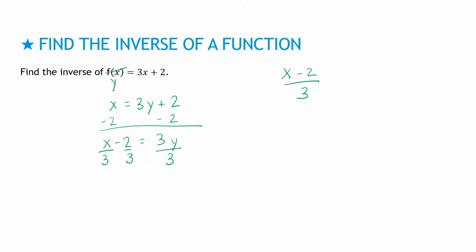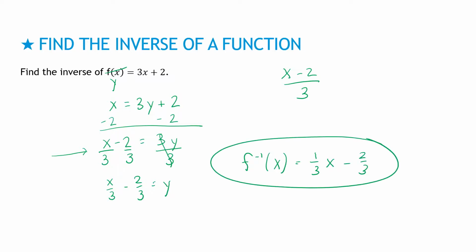So it's easier to just go straight to this format. And so this is x over 3, this is 2/3, this side is just y. So my final answer would just be the inverse of f of x is x divided by 3 minus 2/3, or keep in mind I can also write that as 1/3 x minus 2/3. So that would be my final solution.